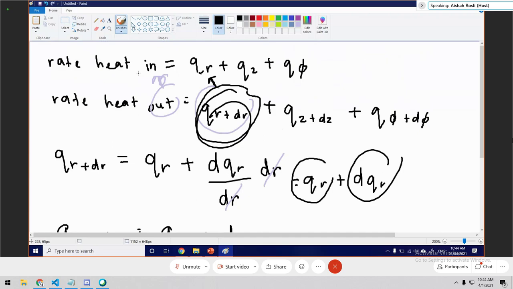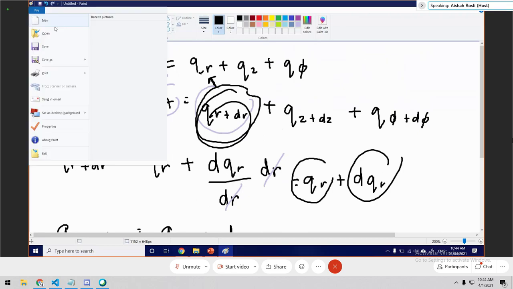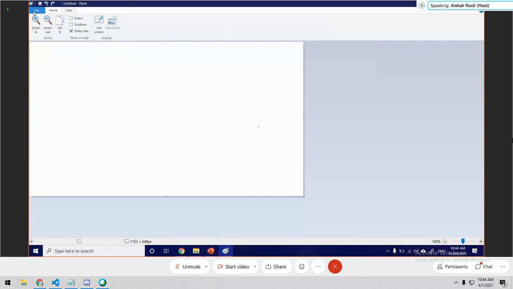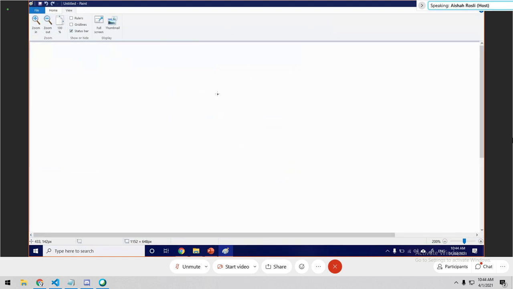rate of heat out, rate of heat generation, and rate of heat accumulation. So we can simply substitute everything into the general energy balance equation.